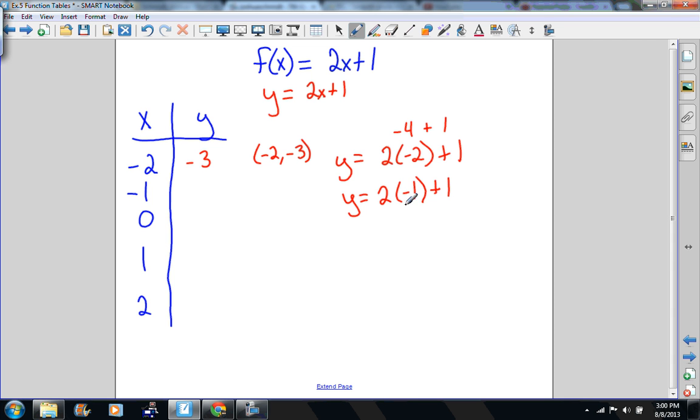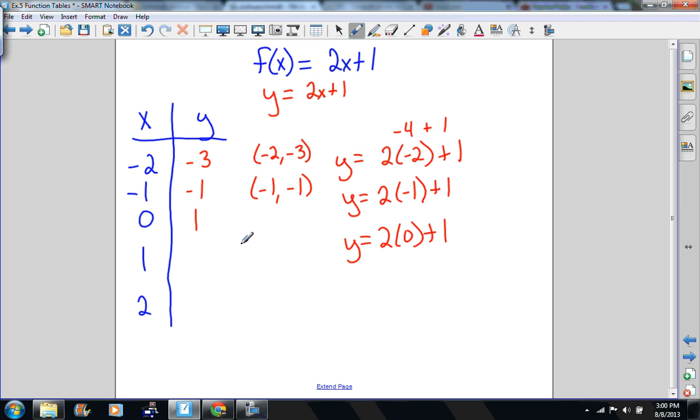Well, that's -2 plus 1. That's -1. So it's the ordered pair, -1, comma, -1. Then for 0, I do y equals 2 times 0 plus 1, which is 0 plus 1 is 1. And it's also an ordered pair.